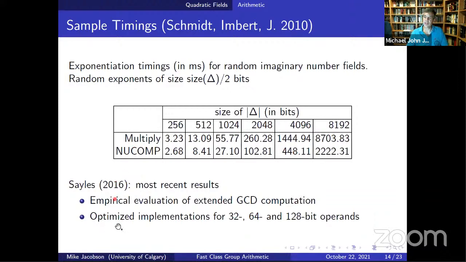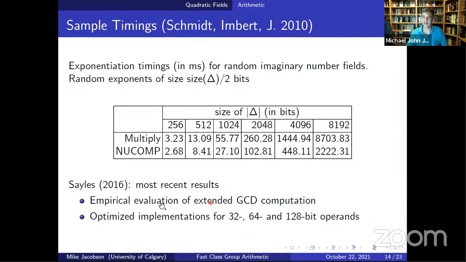The most recent results we have are from a former master's student of mine, Maxwell Sales, in 2016. He did an empirical evaluation of the crucial extended GCD steps, looking at things like a binary GCD algorithm and Lehmer's variant, really important practical optimizations, to find out the best ones. I didn't include his results because his focus was on smaller bounded operand sizes, but they are also applicable to these large sizes.